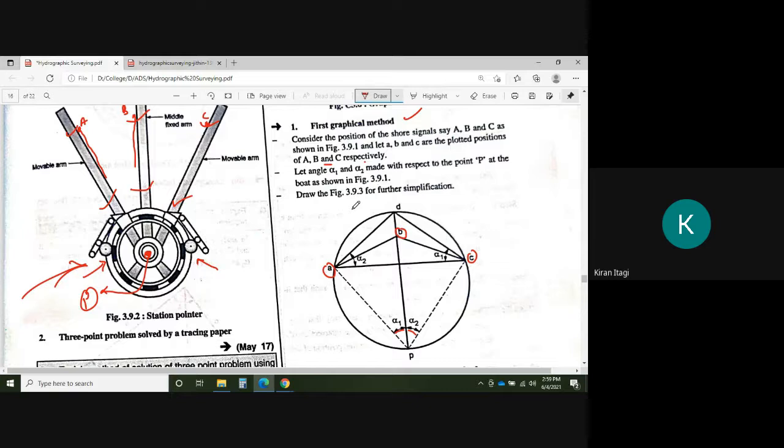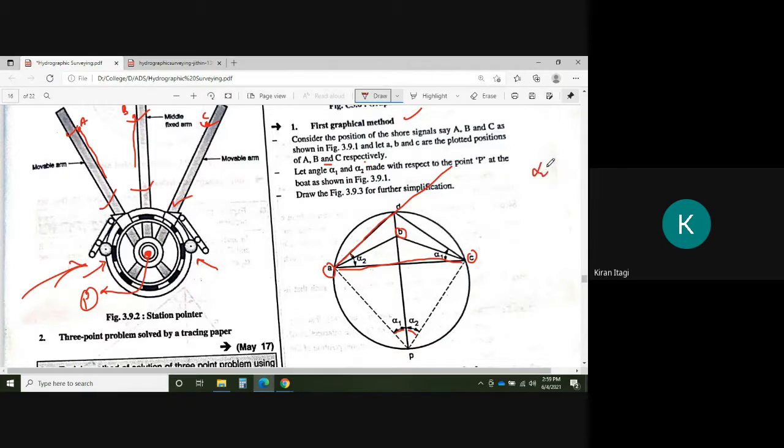Then the position of point P of the boat can be located by the following steps. First, points A and C are joined. Then a line AD is drawn through point A, making an angle of alpha 2.